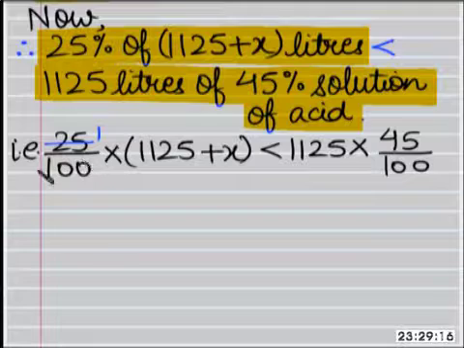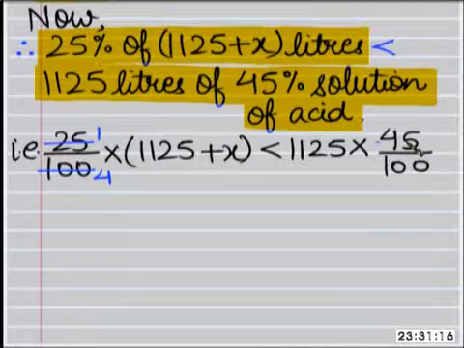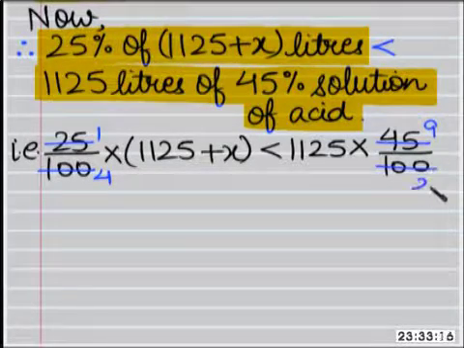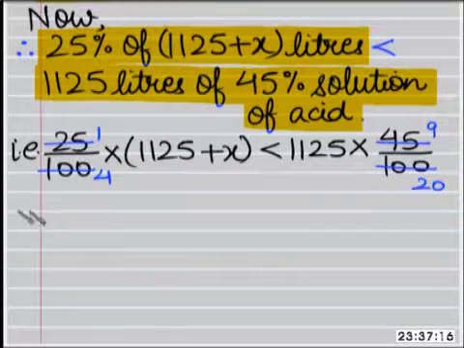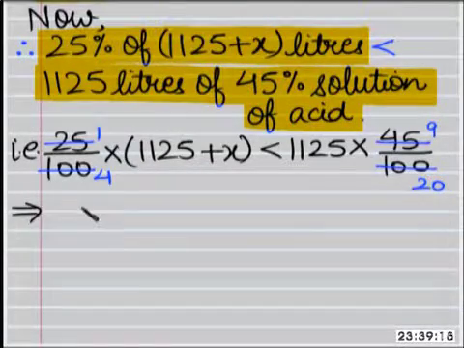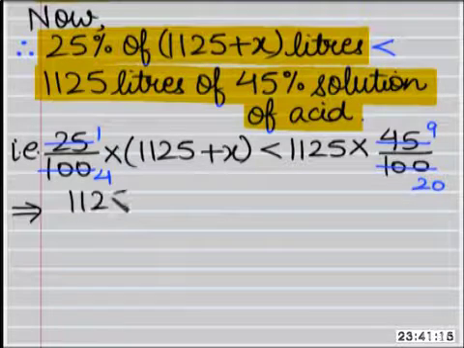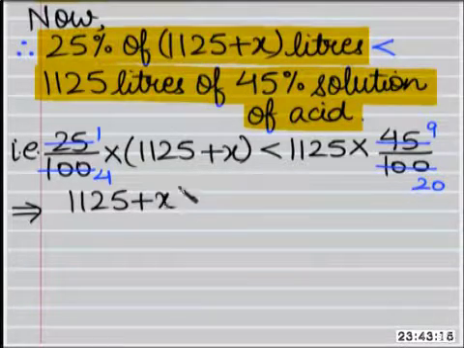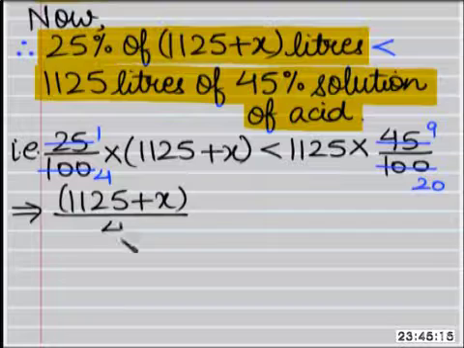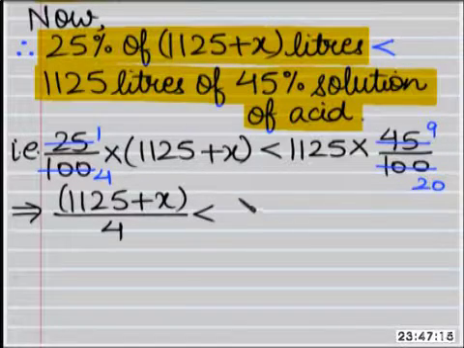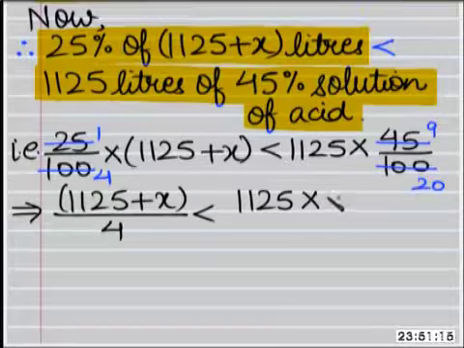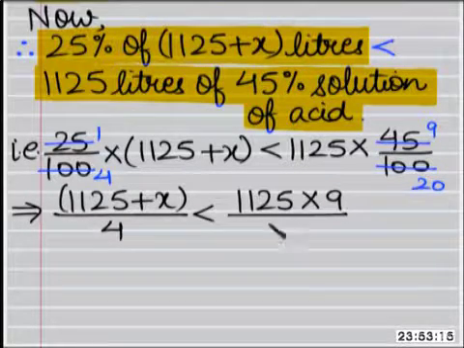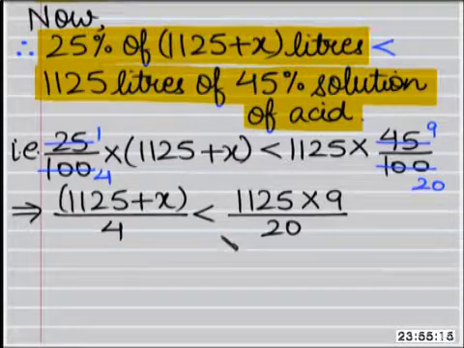On solving it, we get 1125 plus x whole divided by 4 is less than 1125 multiplied by 9 whole divided by 20.